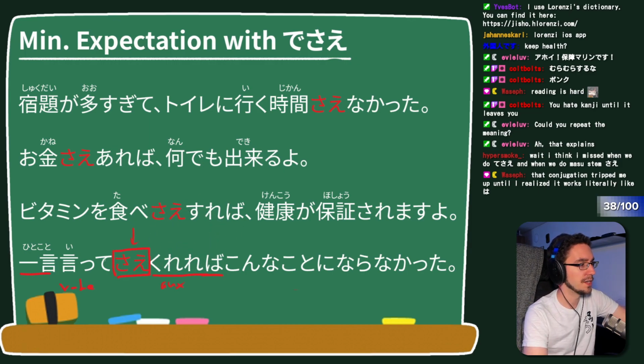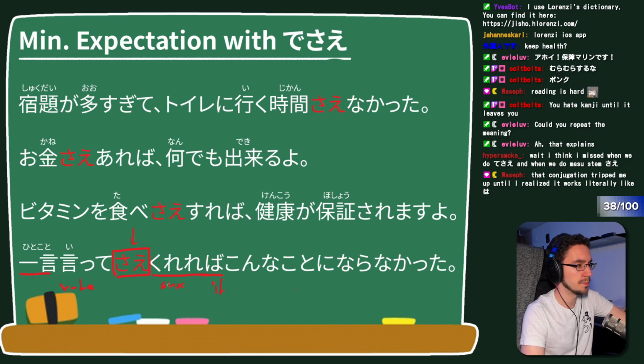You think about what it is you want to express, and then you add sae at the appropriate point to emphasize the minimum required action. So hitokoto itte sae kurereba. If, right, we have the if over here.